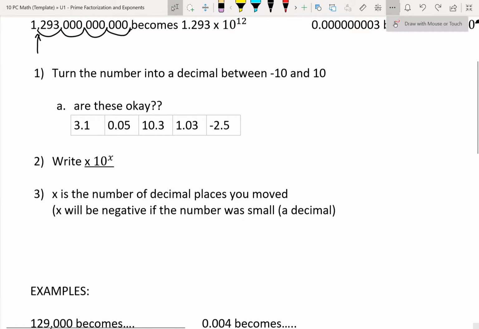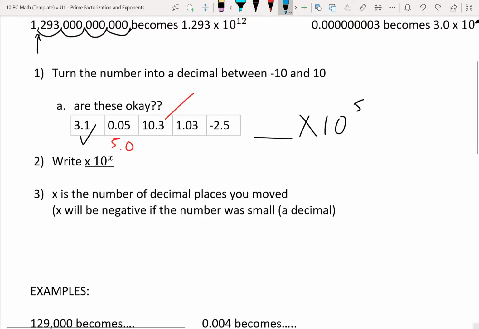For our initial numbers, just think to yourselves, are these numbers okay? So could we start with 3.1? So like 3.1 times 10 to the whatever. Could we do times 10 to the 5? This would work. This would be okay. Would this one work? No, it wouldn't. We could change it. We could instead make it 5.0, and that would work fine. Would this be okay? Nope. It would have to be 1.03.